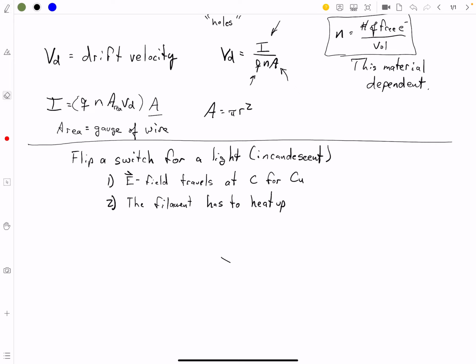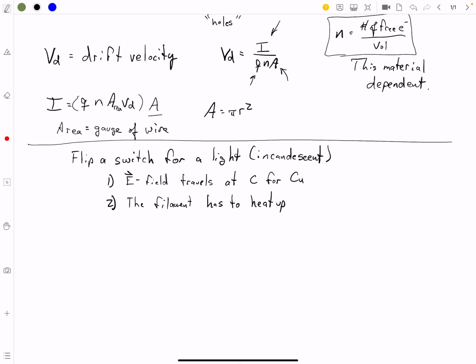I don't know if you guys have noticed, you turn on lights in a cold situation and the light is a little bit dim at first and then gradually gets brighter and brighter. Well, that's because the filament or whatever the thing is that you're trying to get as a source for light has to heat up. So that's that reason.